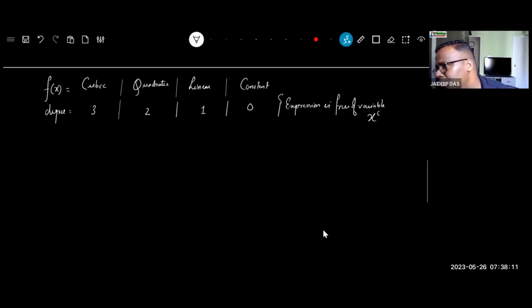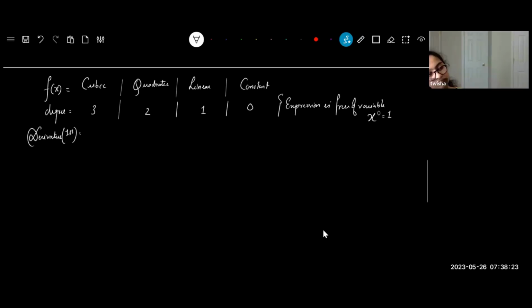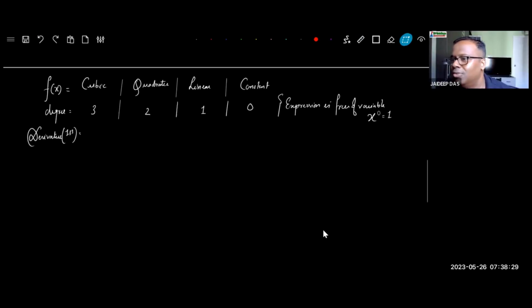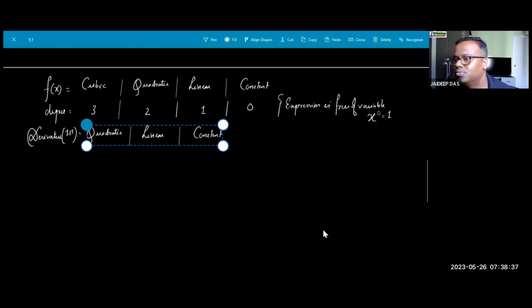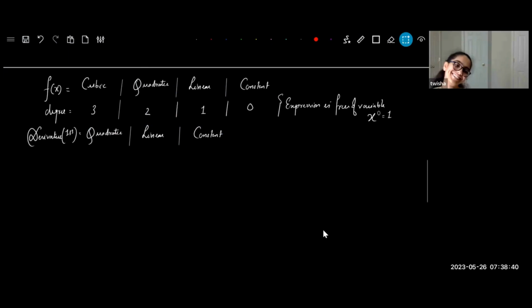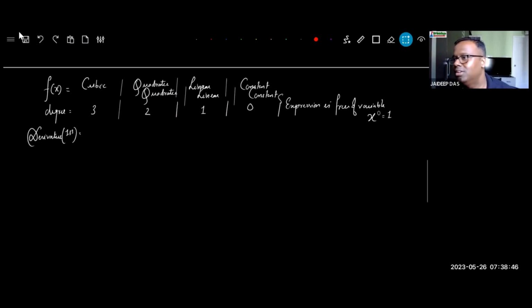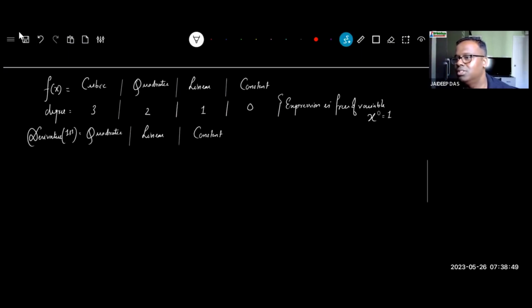The variable is there, but you can't see it because it's x to the power 0 equal to 1. Now the first derivative here would be a constant's derivative, which is always 0.